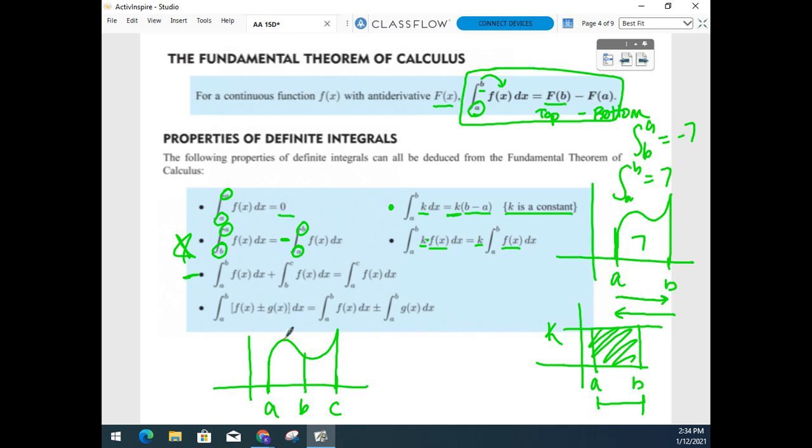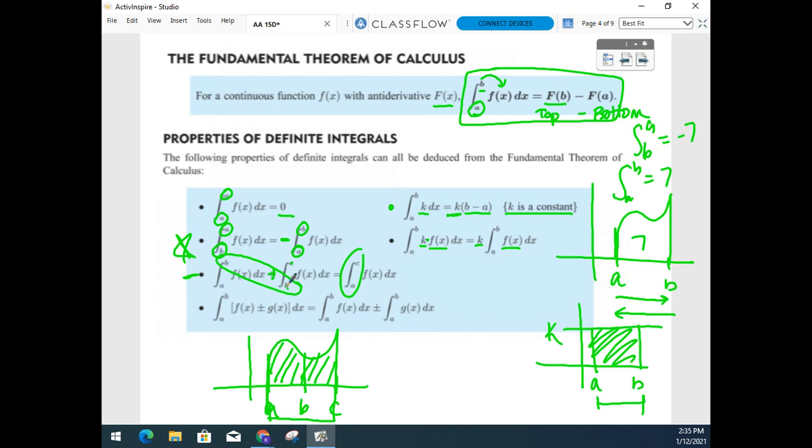If we go from A to B and find that area, then we go from B to C and find that area, we don't need to do something twice. We could just go from A to C. So A to B plus B to C equals A to C. We can just condense the process. Now, this only works if the top of this one matches the bottom of that one.